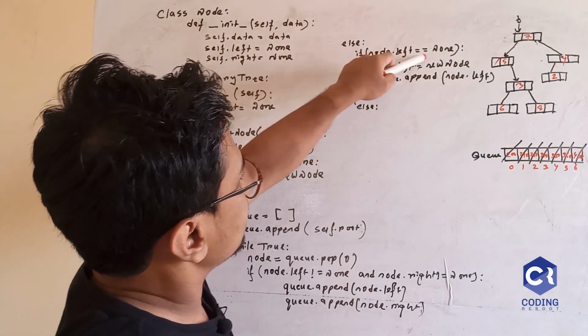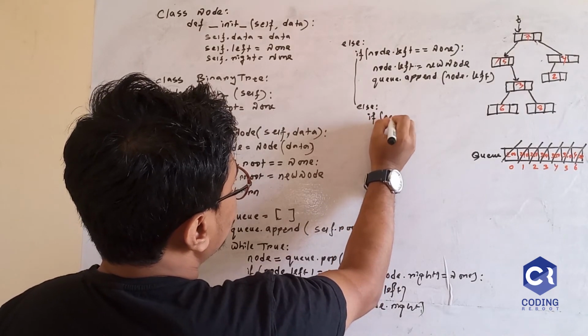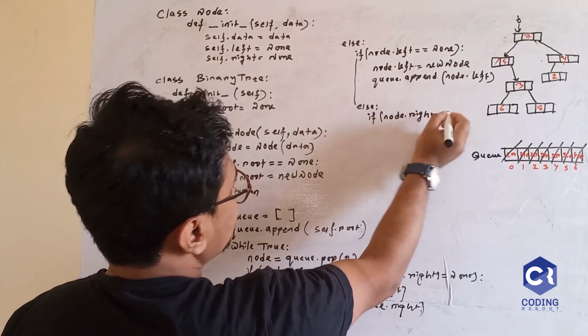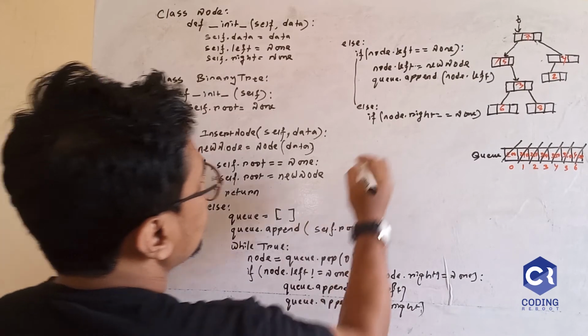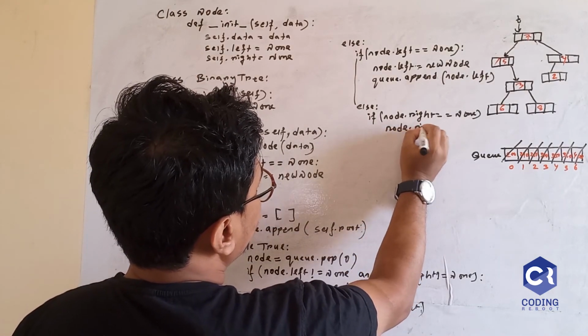Else, if the left child is not none, now it is for if node.right is equal to none, then our right child will be our new node.